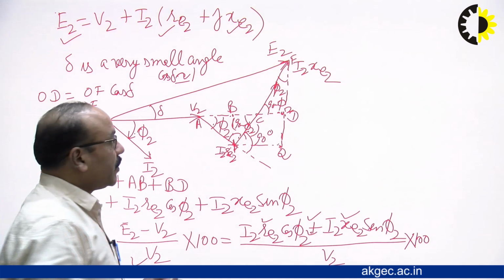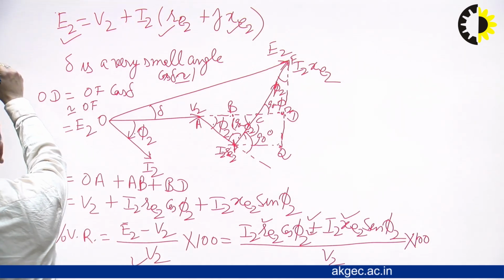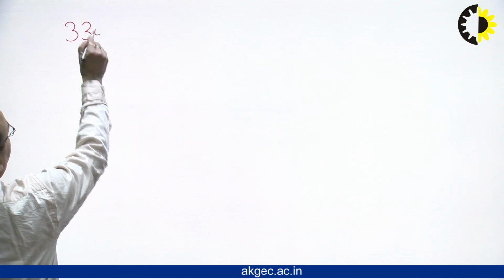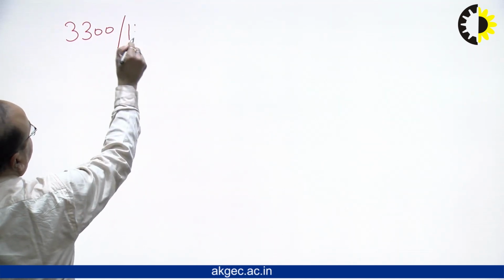If we take a numerical example for this, suppose we are given a transformer having voltage rating 3300 to 110 volt.